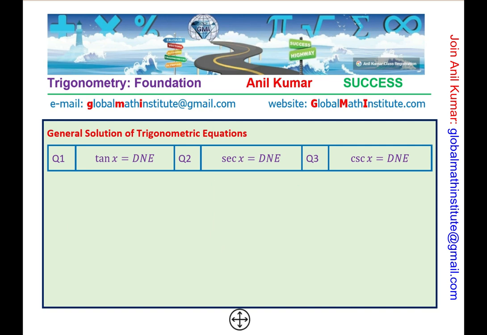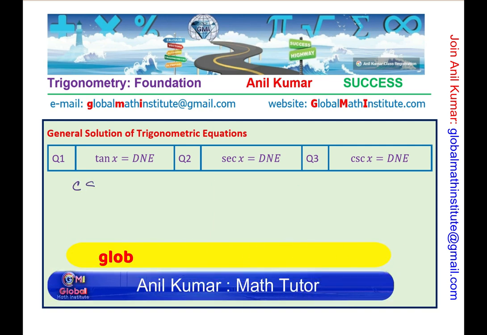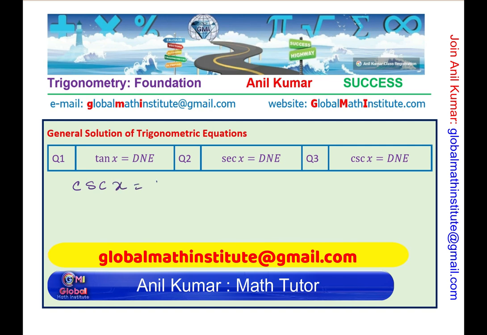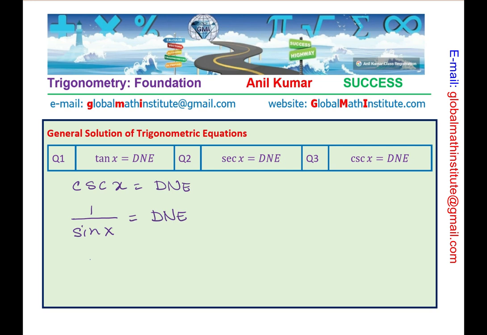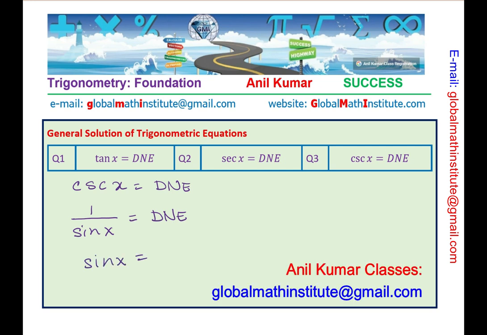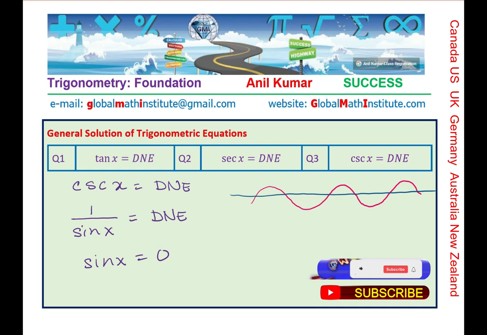Right, so that brings us to the last question, which is we want now cosecant x does not exist. Basically 1 over sine x does not exist. So when is sine x equals 0? That is what we need to figure out. As far as the sine function is concerned, let me sketch one wave here. Zeros for sine are these.